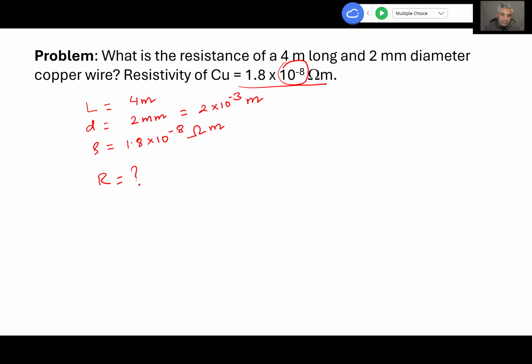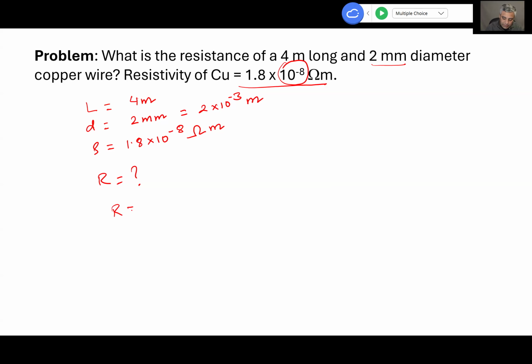That may be about 1 meter long. So this is 4 meters. How much resistance is it going to be? In this case, 2 millimeter is not that thick a wire. So we can tell how much resistance there is.